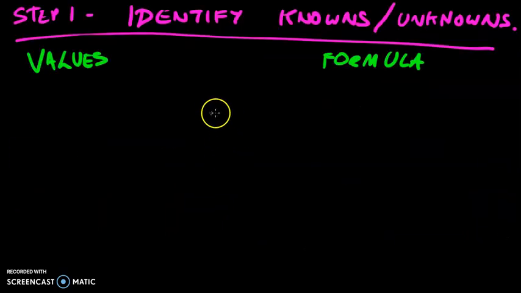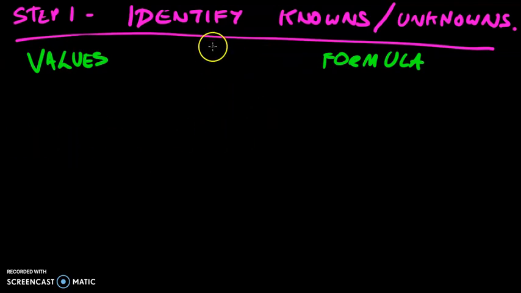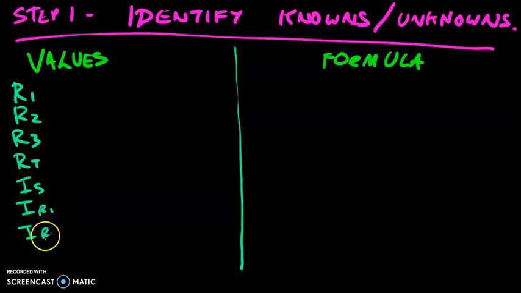So one of my key recommendations, whenever you have a problem like this, is that you start out with what you do and what you don't know. Okay, if you don't know where you're at, then you're not going to be able to get very far. So R1, R2, R3, RT. We also are looking for IS, IR1, IR2, IR3.